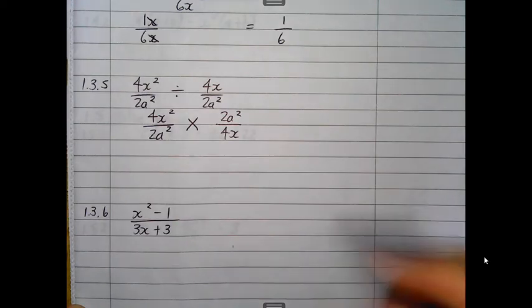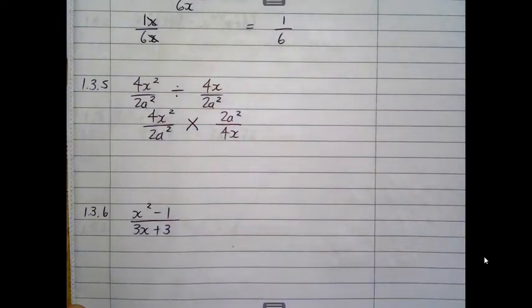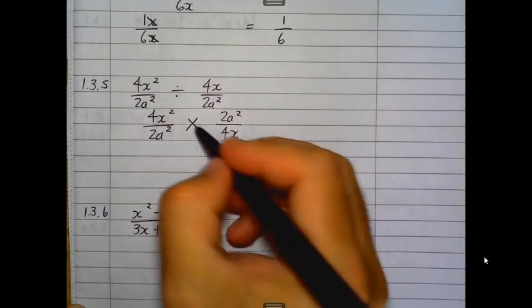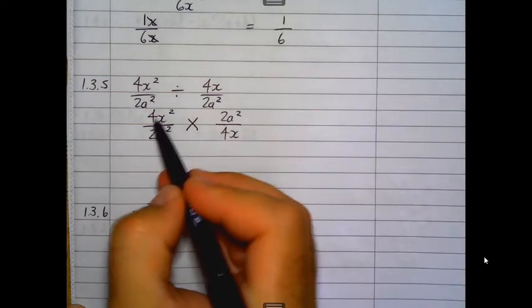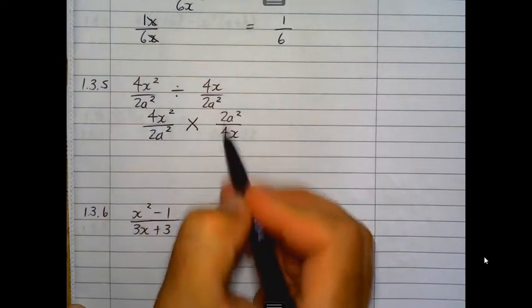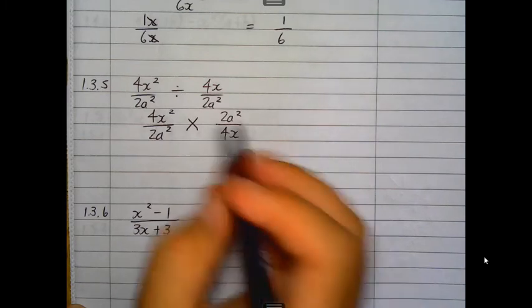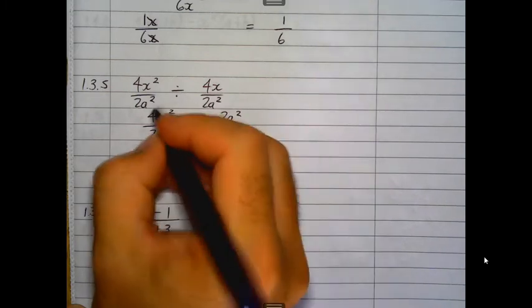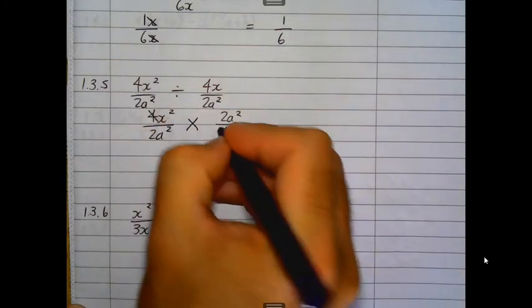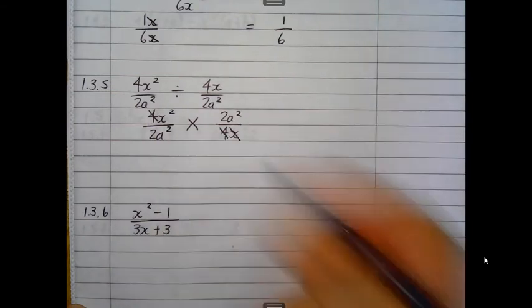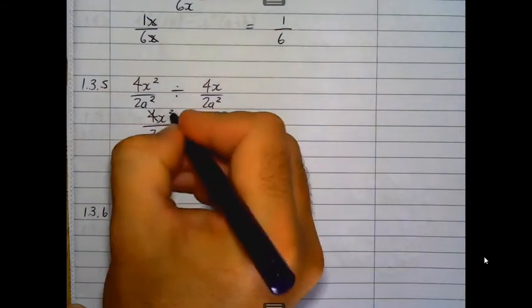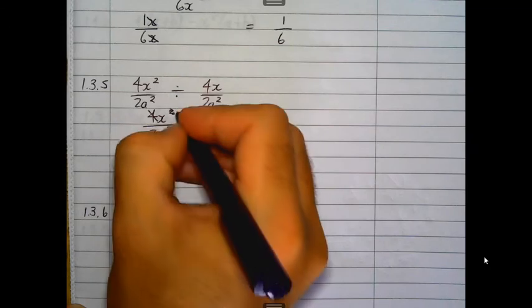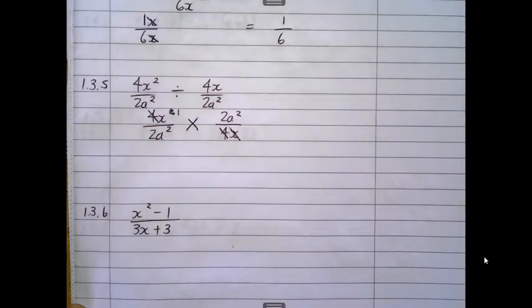Fantastic. Now it's similar to a question we did just now. We can now cancel across the multiply sign, or if we want, we can cancel from top to bottom. But let's cancel, let's go. 4 can cancel with a 4. This x can cancel with that x squared to reduce it down just to an x, or an x to the power of 1.